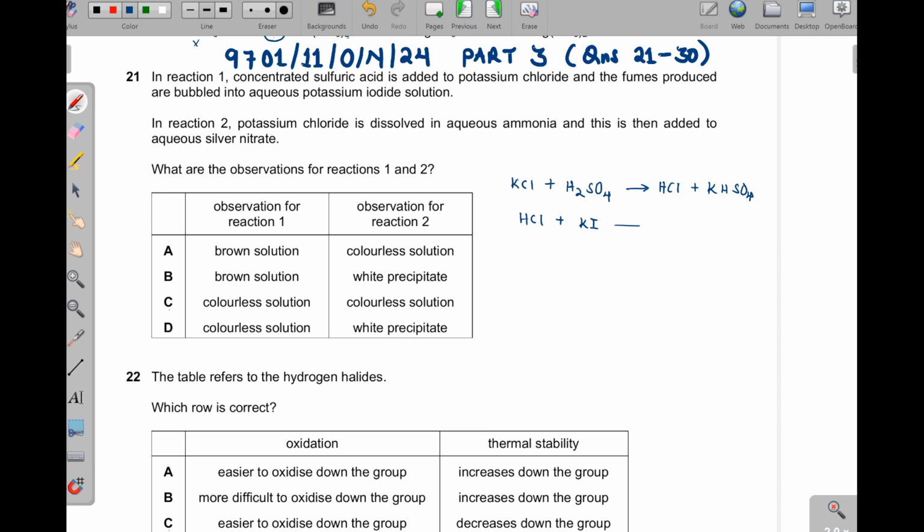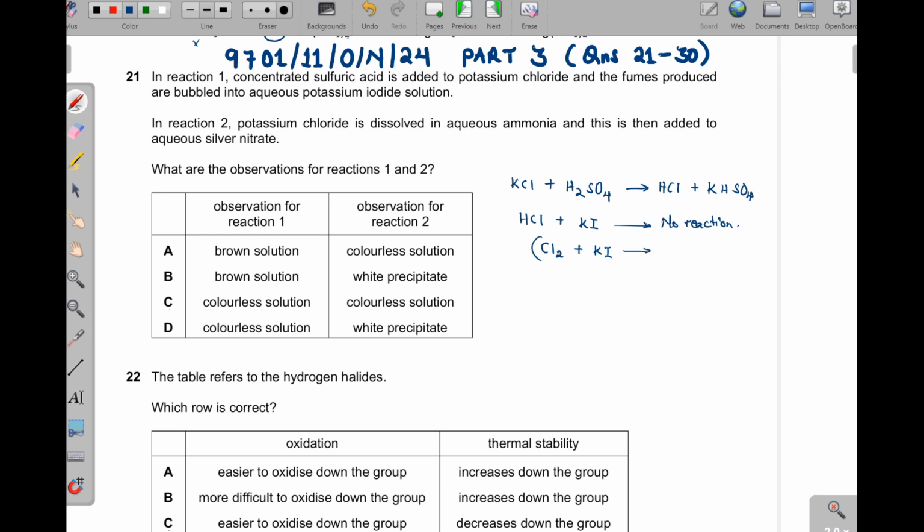Potassium iodide. Here we get no reaction. We know there is what we call the displacement reaction, since chlorine is much more reactive compared to iodine, but the reaction that is going to take place is when chlorine as a molecule reacts with what? Potassium iodide.